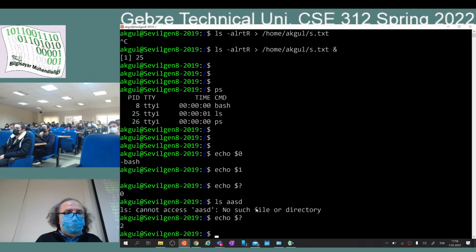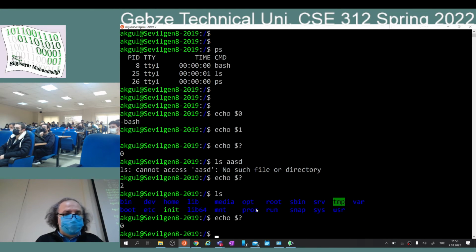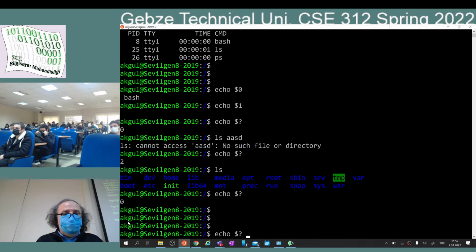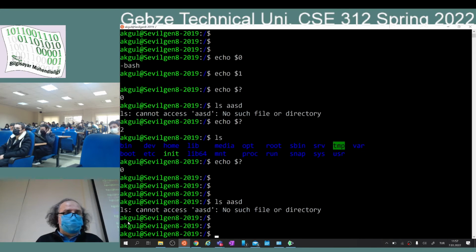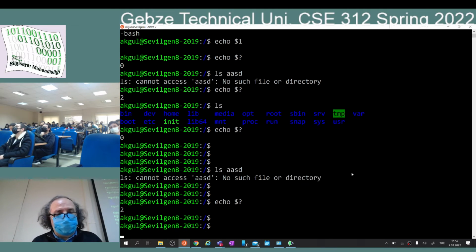When I say ls s.txt, just ls and then echo $?, it returned a 0. It's exit 0, or return 0, so there is no problem. But when I say ls on a file that doesn't exist, no such file exists, and then it is an error code 2, or return number 2.